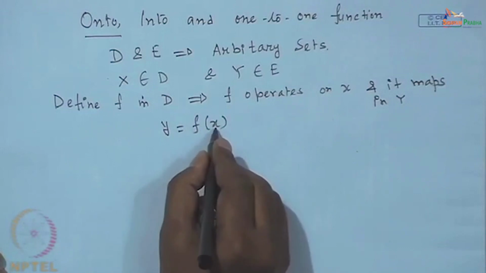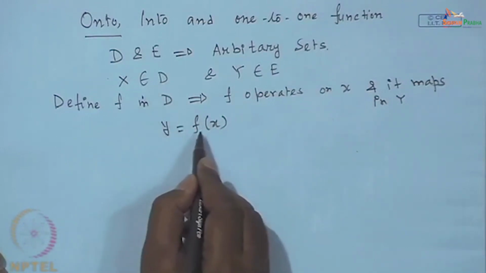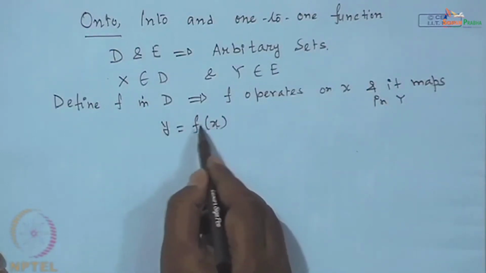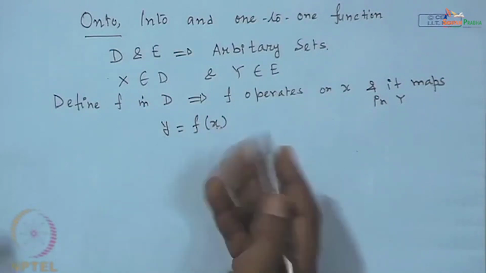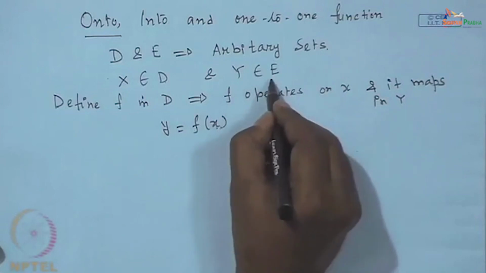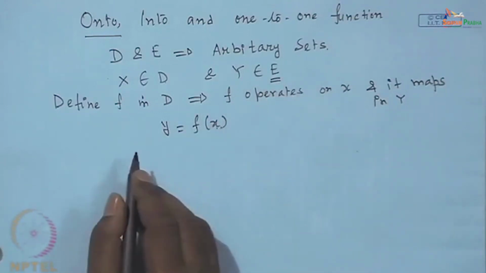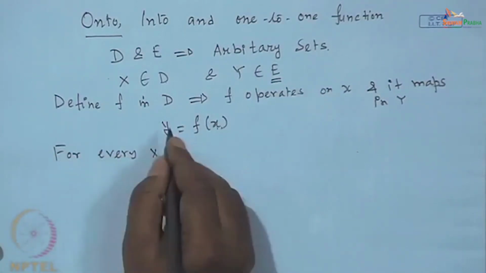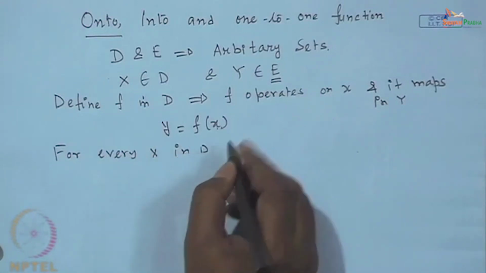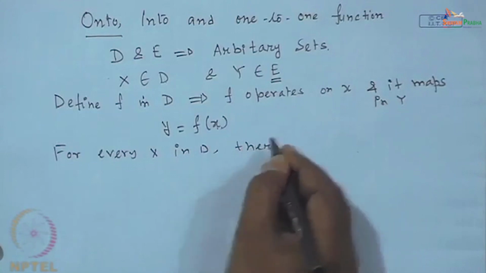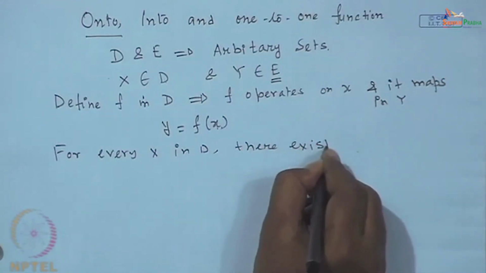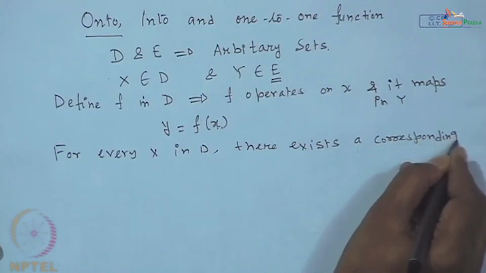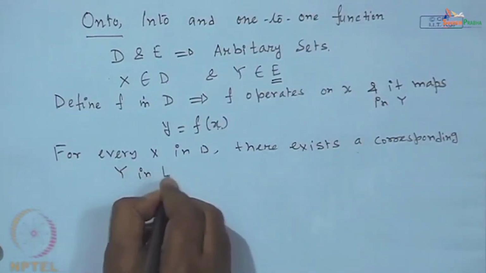So, f and x are defined on D, and after f is operated on x, we get the value of y, and y is defined in the set E. So, therefore, we can say that for every x in D, there exists a corresponding y in E. So, it is a map.